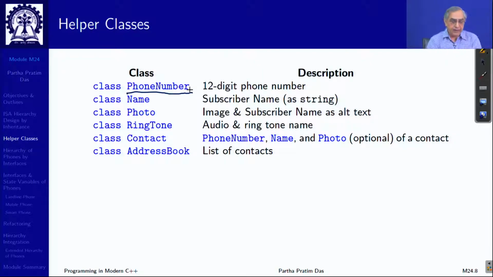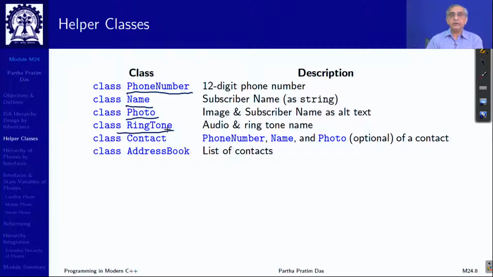Naturally, the subscribers will have their names. So, we will have subscriber name as string, maybe first name, middle name, last name. There could be other information related to the name that you can keep. You may want to have a helper class called photo to keep images of how the subscriber looks, and have the alternate text for the image also captured in this class.